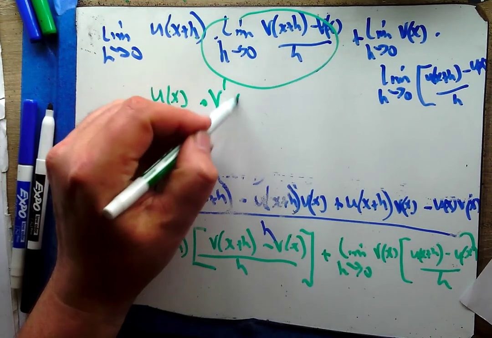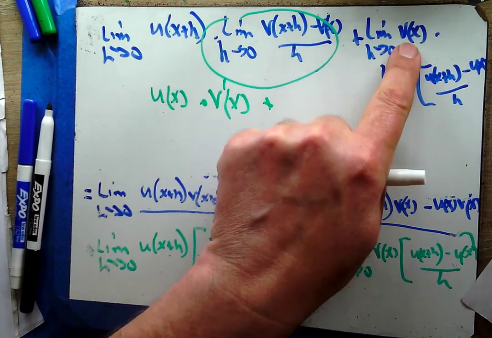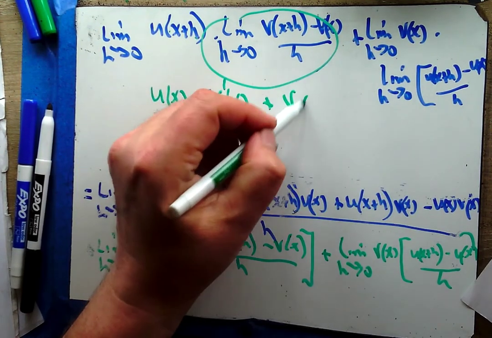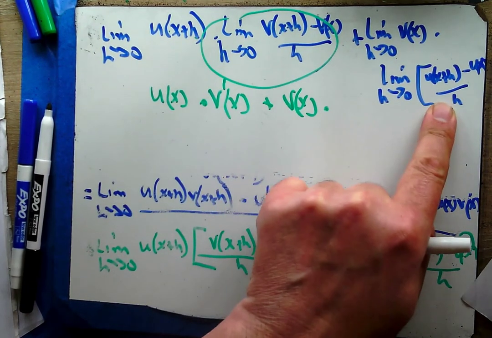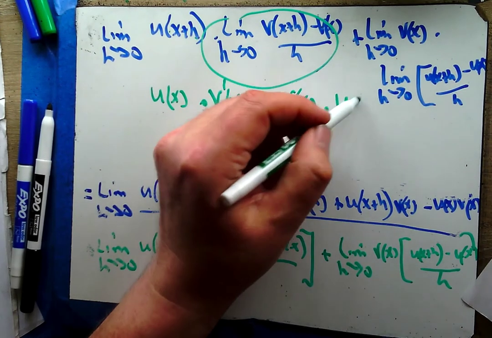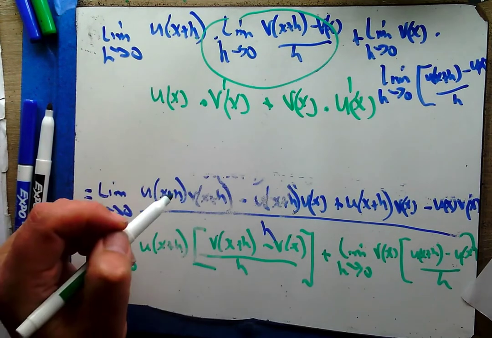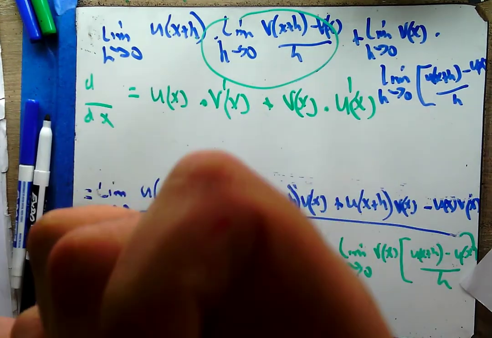So this is v prime of x. Then we have our plus sign. There's v of x times, and what's this? Well, again, this is the limit definition of the derivative of u. So that's how we take the derivative of a product.